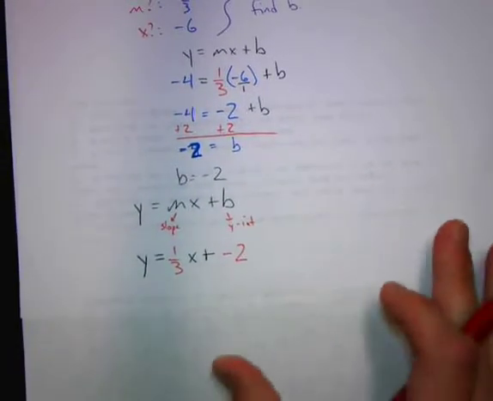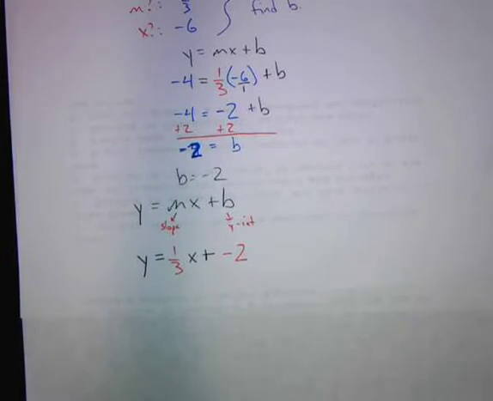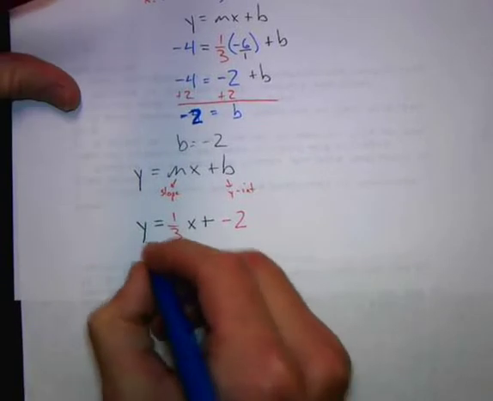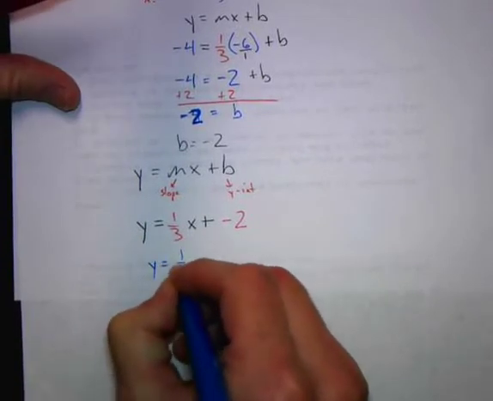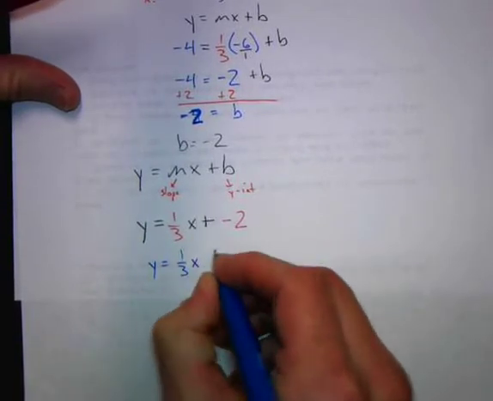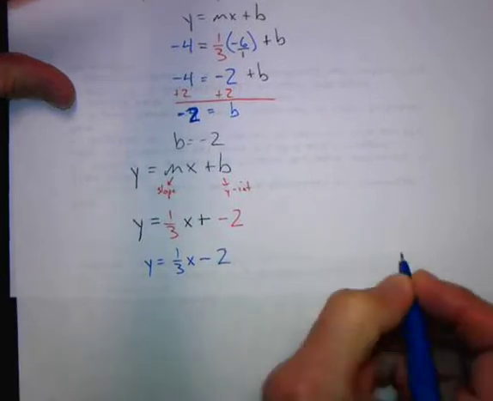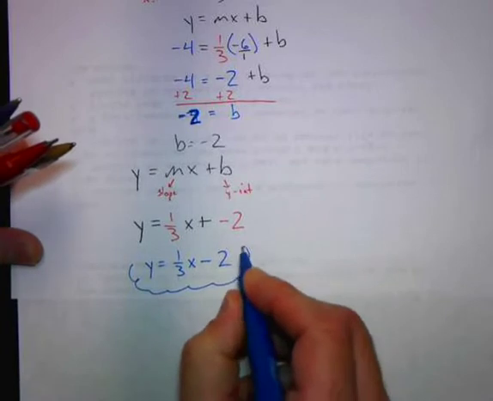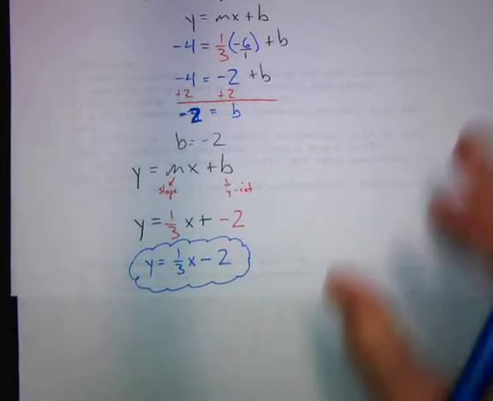So we've substituted our m, we've substituted our b. All we got to do now is clean up this mess. Remember, we don't want plus minus in there. So we clean up our mess. Y equals 1/3 x plus minus is a minus, -2. And there is our equation of the line that meets this criteria.